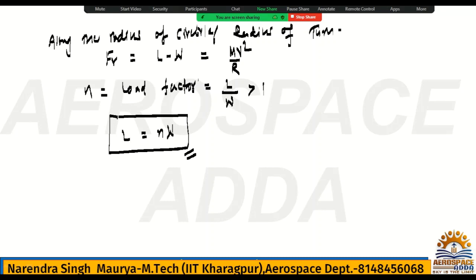Resultant Fr is equal to L minus W, equal to mv square by R. What is L? Lift force. And L by W will be load factor. So L is NW. So for Fr you have L minus W, which is NW minus W.